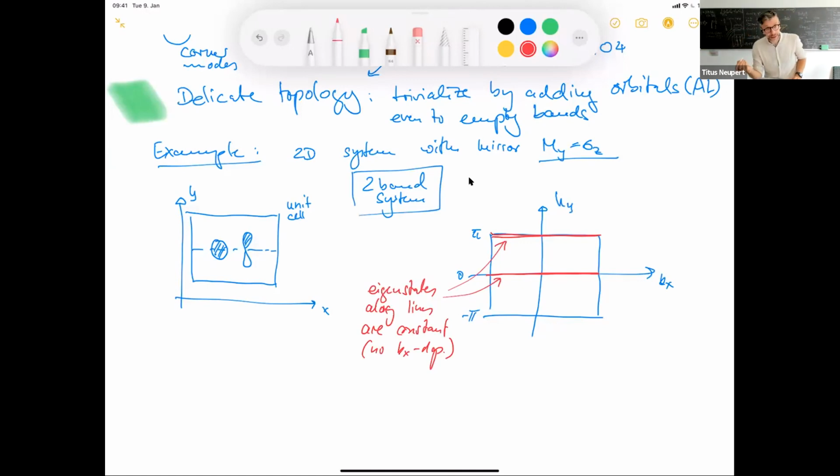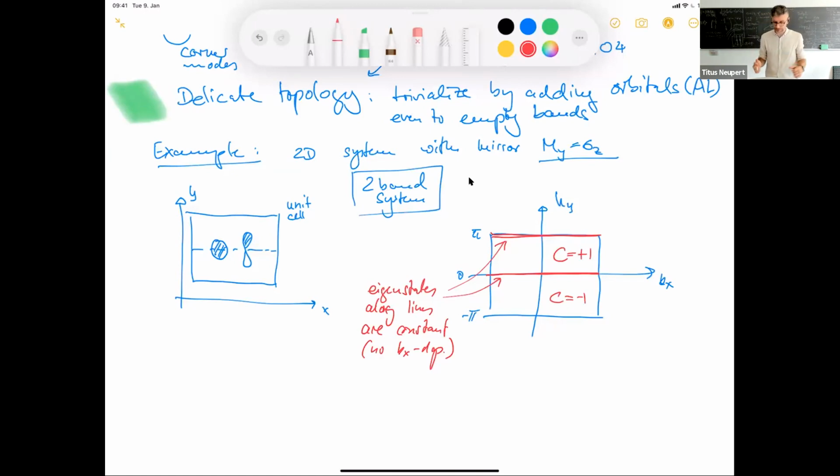And what this implies is that usually I think of the whole Brillouin zone as a torus because I can compactify it due to the periodic boundary conditions. I know that the eigenstate at k and k plus 2 pi is going to be the same. But now I know that the eigenstate at ky equals 0 and pi is going to be the same. So I can compactify actually half of the Brillouin zone. So I can define the Chern number on half of the Brillouin zone. So I can look at the system where the Chern number is +1 in one half and -1 in the other half.